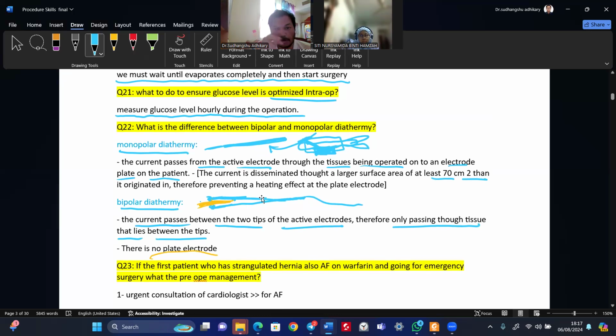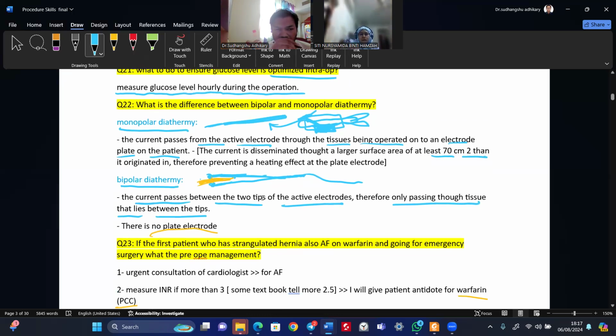What is the difference between bipolar and monopolar? In the monopolar, the current passes from the active electrode through the tissue being operated and back into the plate on the patient.